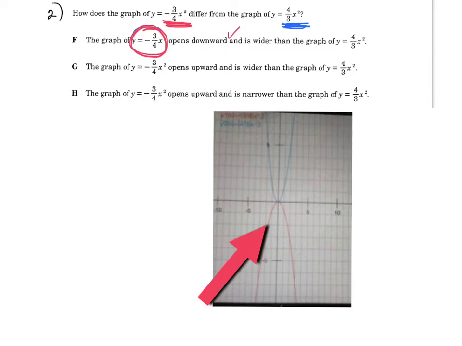Let's go on to answer choice G and see what it says. The graph of y equals negative 3/4 x squared opens upward. Well, the red graph does not open upward, so that one is wrong. The graph of y equals negative 3/4 x squared opens upward. Again, no, that's wrong. And then the last answer is actually on to page 2, so let me go on to page 2 really quick.